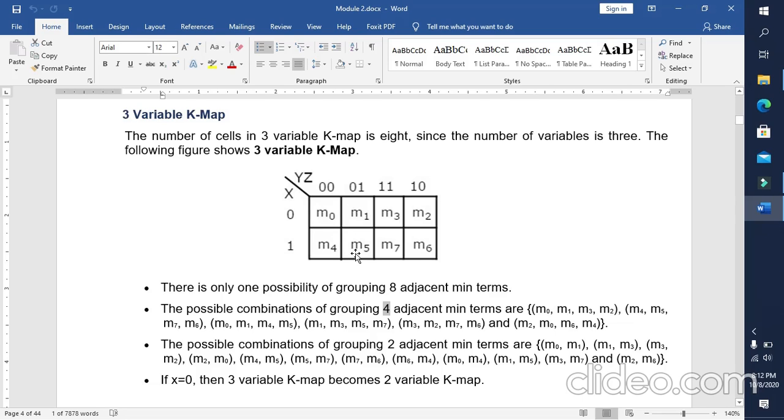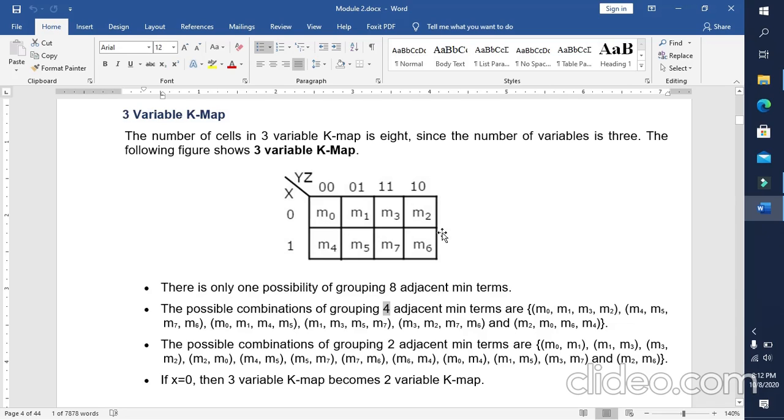You can also have M1, M3, M5, M7. You can also have M3, M2, M7, M6. And you can have M2, M0, M6, and M4.